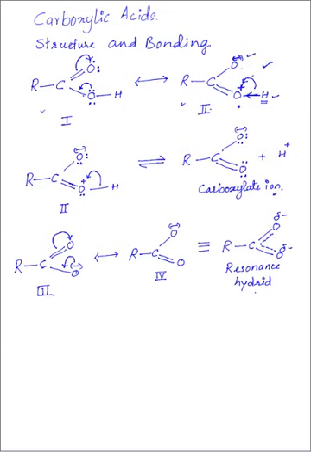But in the resonance hybrid, both the oxygens have a partial negative charge and are linked with a partial double bond. Therefore, this resonance hybrid is more stable. Therefore, release of H plus is easy, so it forms the carboxylate ion.